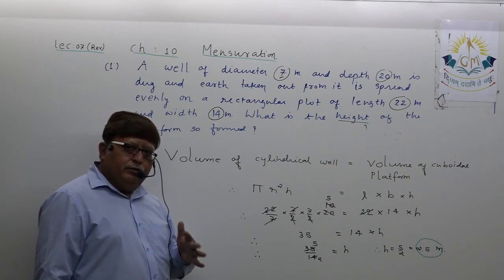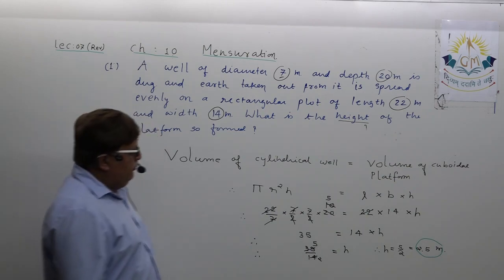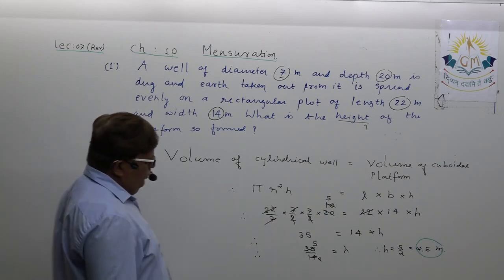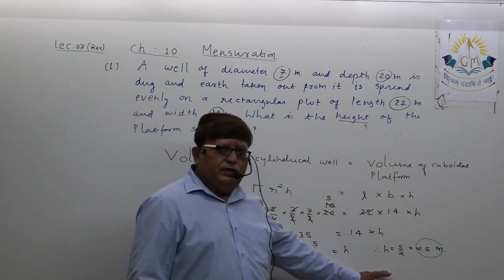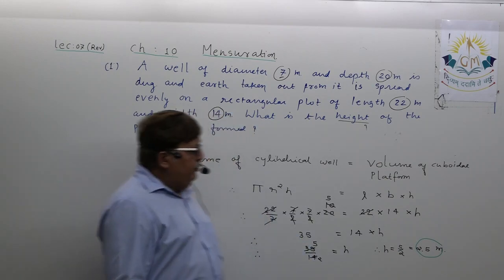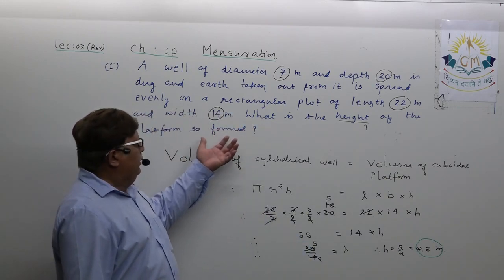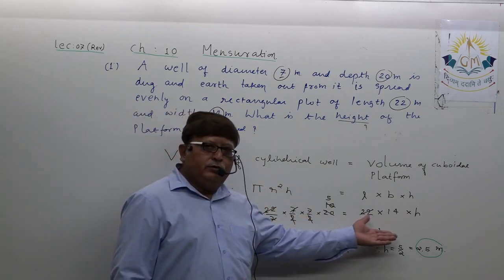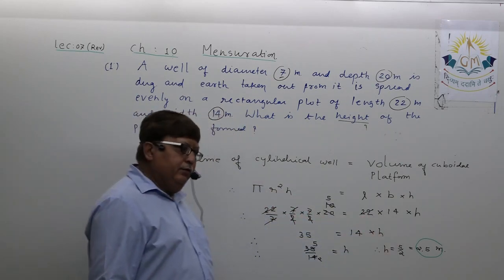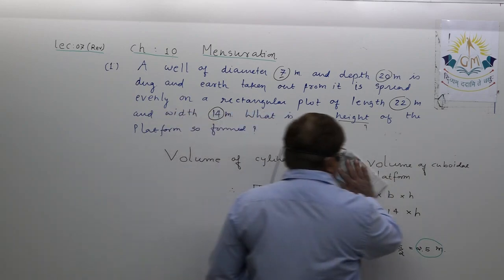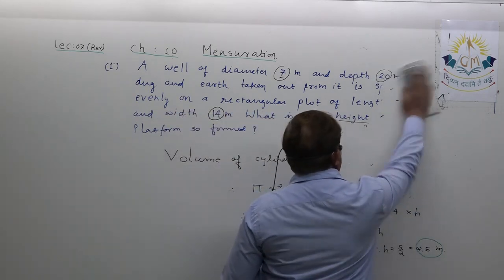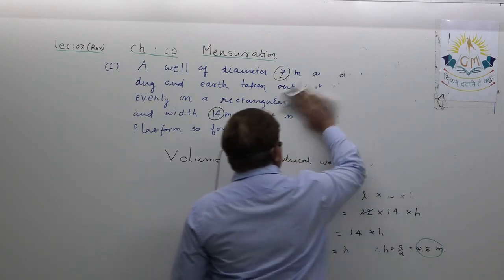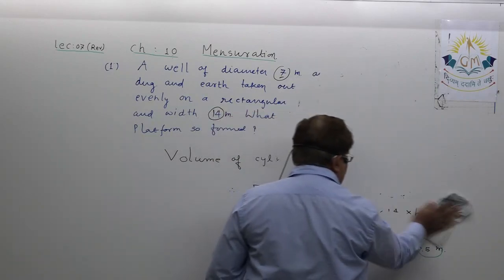That is all you need to understand. So here I haven't written the final statement, but you have to write: therefore, the height of the platform so formed is 2.5 meter. Let us go for the next example of this type, but with a little variation.